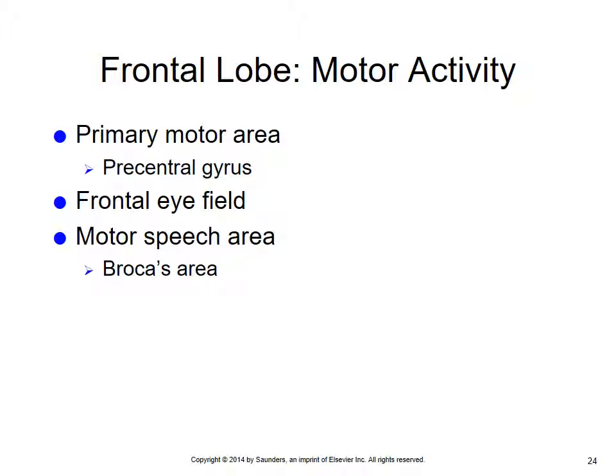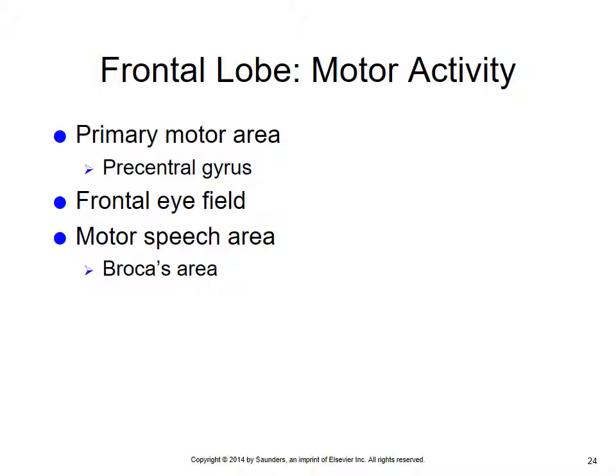So as far as motor activity, the frontal lobe contains the precentral gyrus, which is the primary motor area, also the frontal eye field, which controls voluntary movements of the eyes and the eyelids, and the motor speech area called Broca's area.